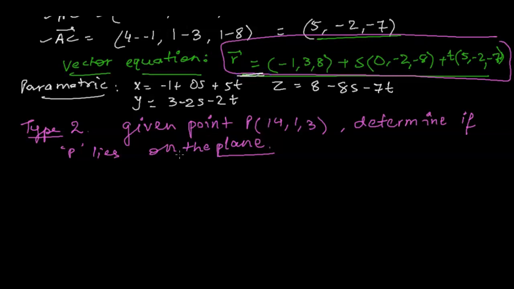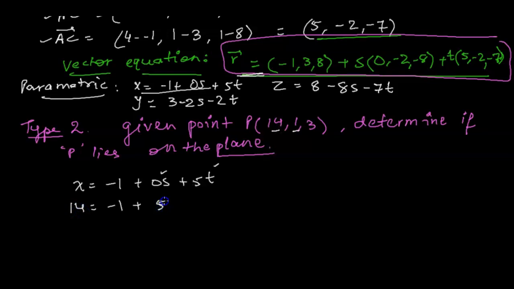So how would we do this type of question? We pick the parametric equation x equal to negative 1 plus 0s plus 5t. What we need to do is find out the value of s and t when we use x and y of the point P. We just sub in x in here. 0s is technically 0, so we don't have to put anything here.